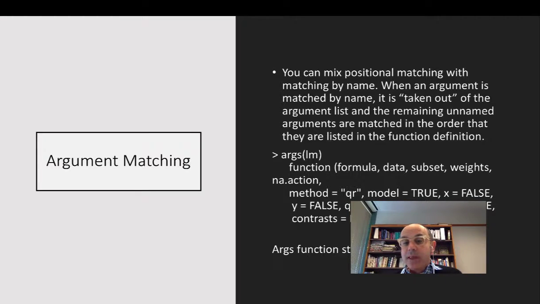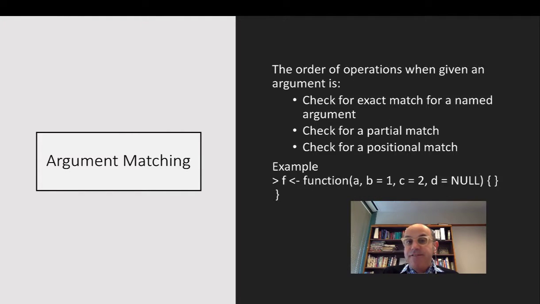The args function stands for basically the calculation of the mean. In this case, I wrote it in a different way in order for me to verify it. So the order of operations when giving arguments is first, and I want you to have a better understanding of it.